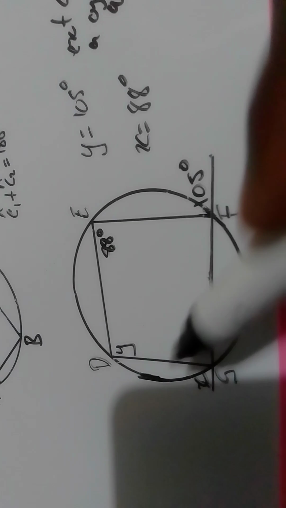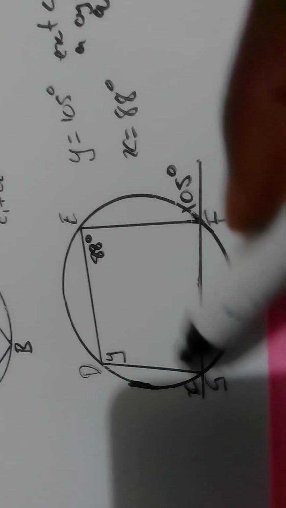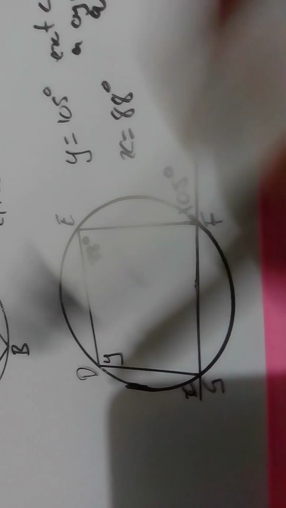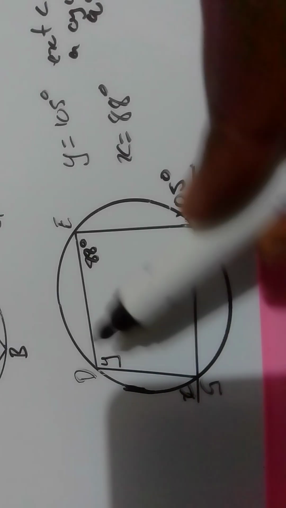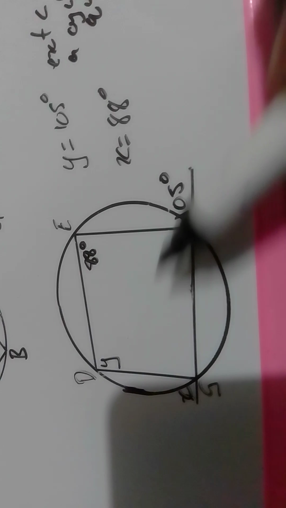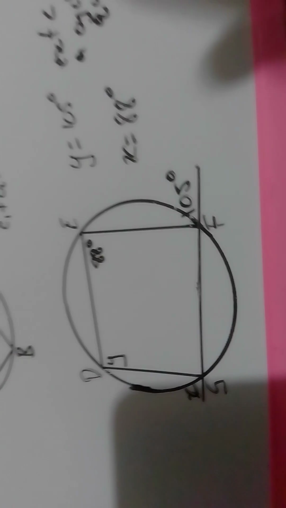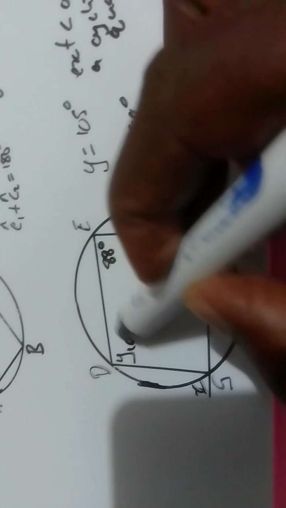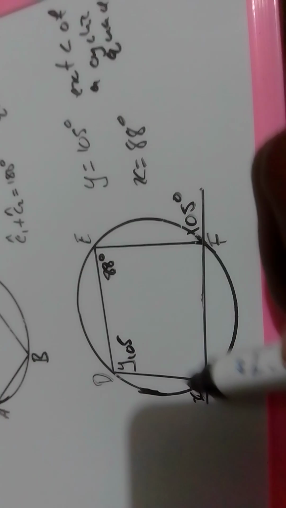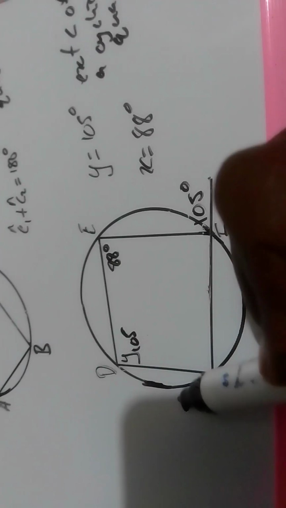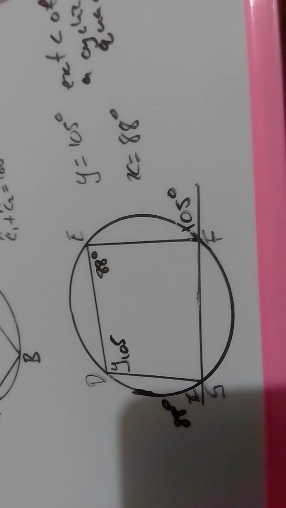But now remember, what are we told? We know from our theory from grade 10 and 9 that the interior angles of a cyclic quad add up to 360. So let's put this theory to the test. We said that here we've got 105. And we are saying that here X is 88 degrees.